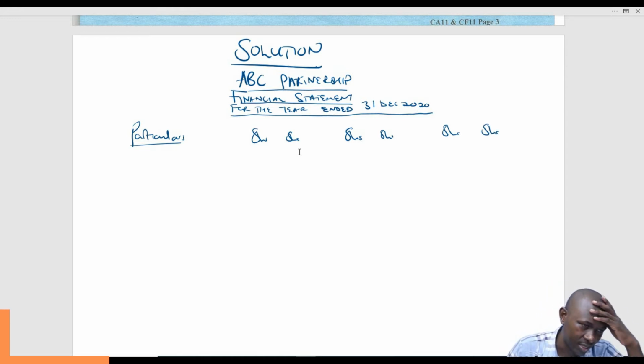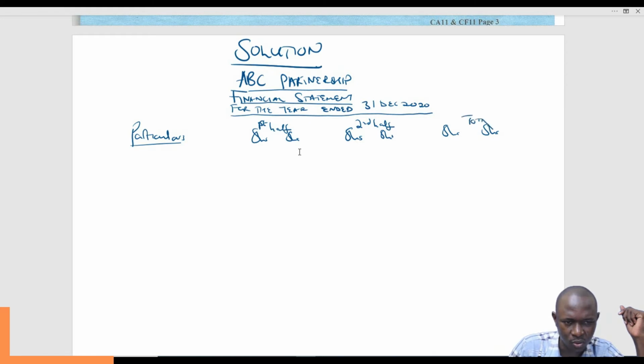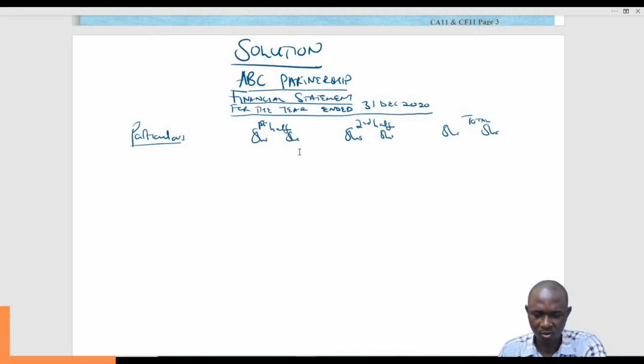So we'll call this the first half, then this is the second half, then this is the total. So this is the trading account, and that's how we are going to do it. Basically, we'll have the first part.